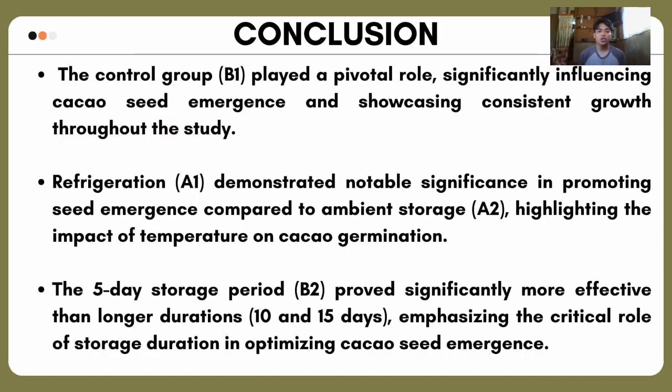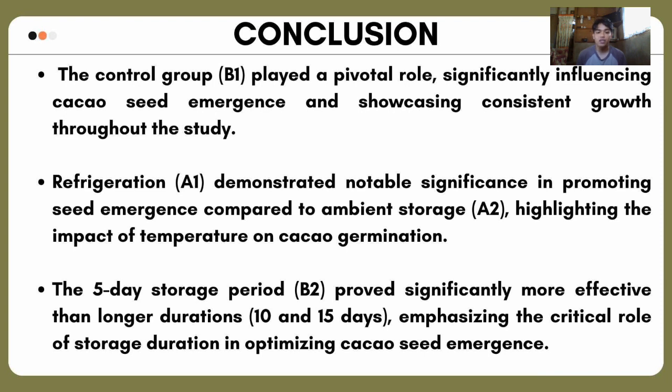So in conclusion, the control group B1 significantly influenced cacao seed emergence, demonstrating consistent growth. Comparing storage types, refrigeration A1 exhibits notable significance over ambient storage or A2. In terms of storage duration, the 5-day period or B2 proved significantly more effective than 10 and 15 days.